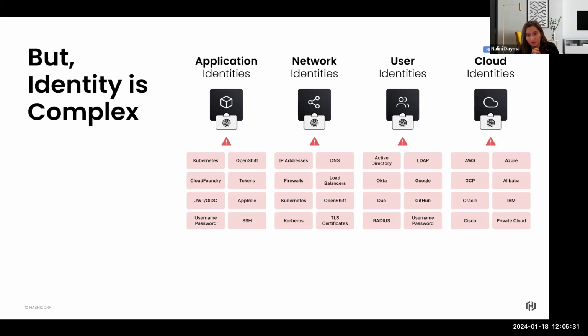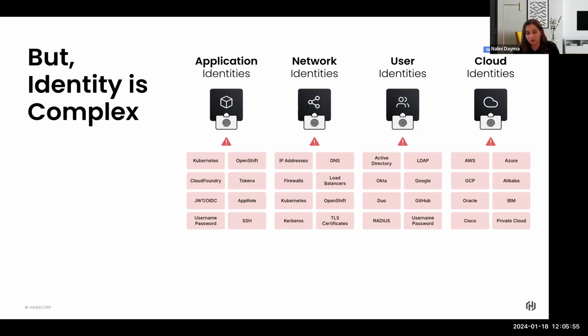For example, a web app could be sitting as a pod within a Kubernetes cluster, or in OpenShift. There could be static usernames and passwords linked to an application, which the app uses to connect to a database.